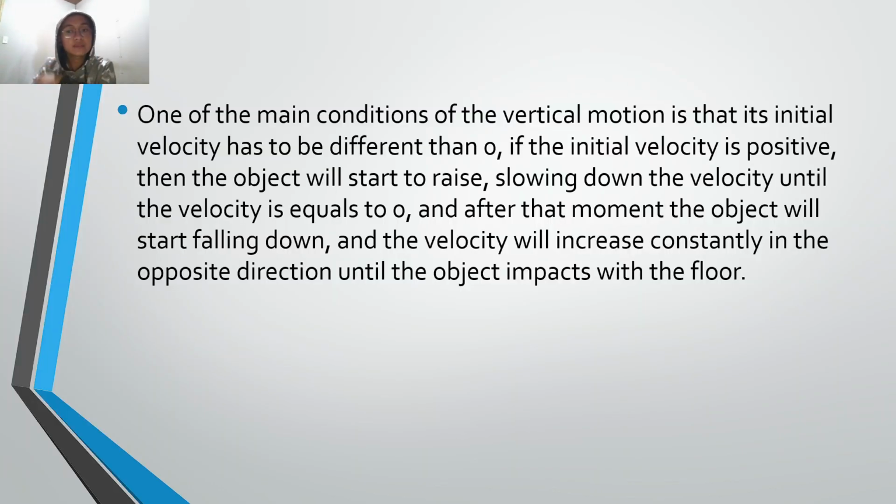So if the initial velocity is positive, then the object will start to rise, slowing down the velocity until the velocity is equals to 0. Di ba? Pagsaka, sure, if positive imong velocity, let's say 5 meter per second, paglabi, ang object mo saka, diba? Slowing down, so 5, 4, 3, 2, 1, 0.